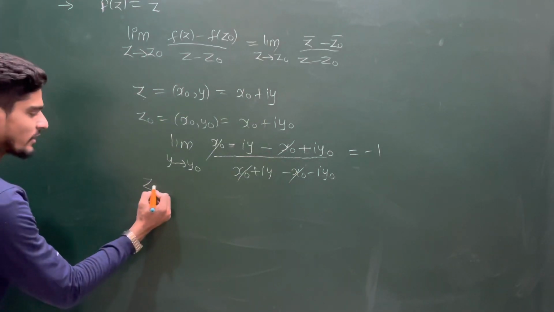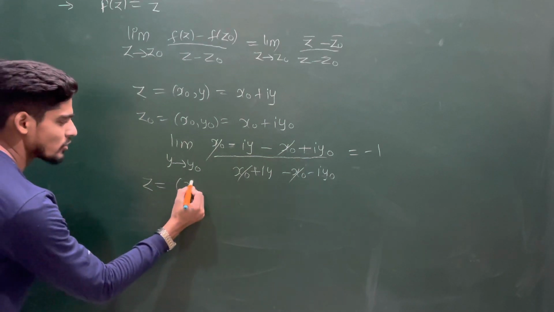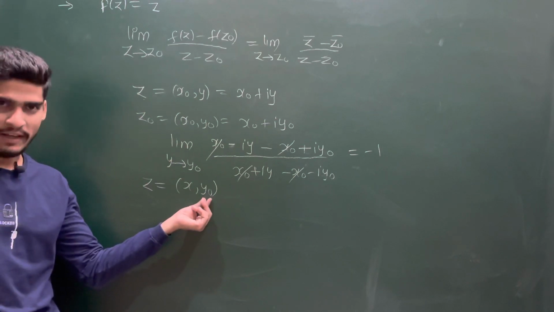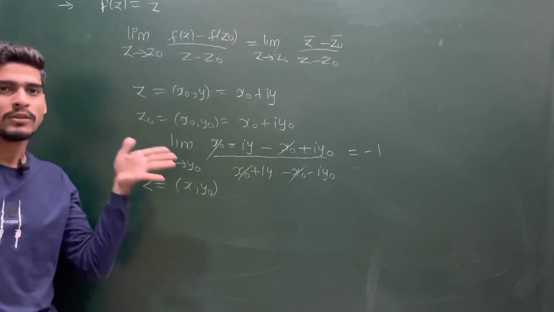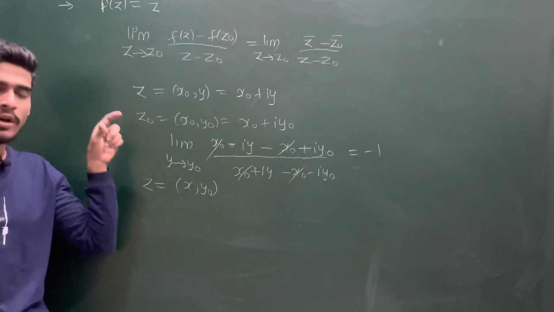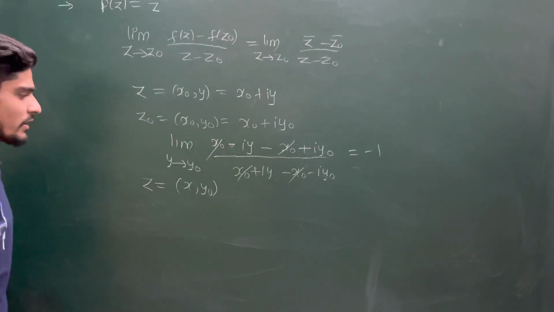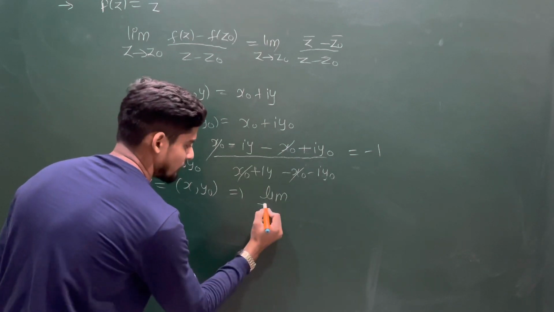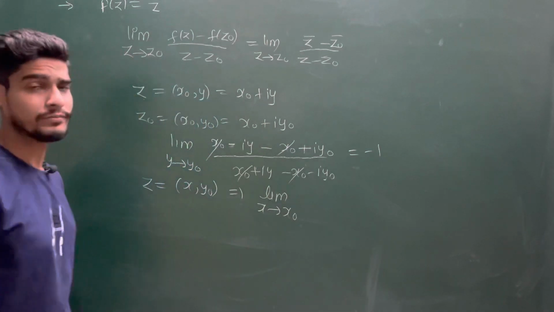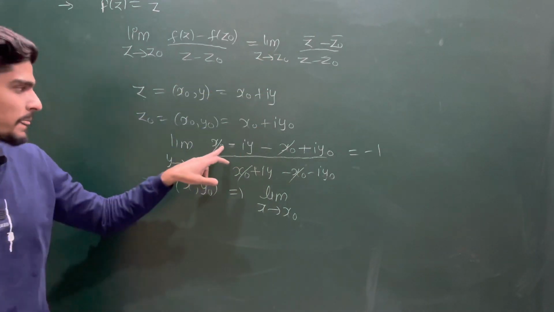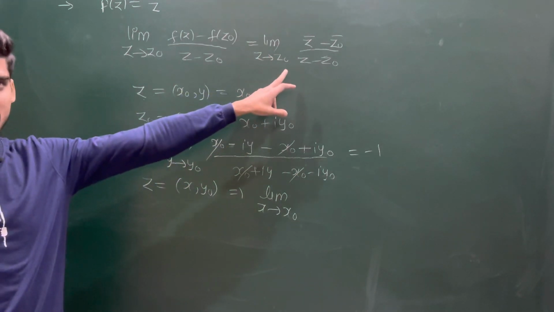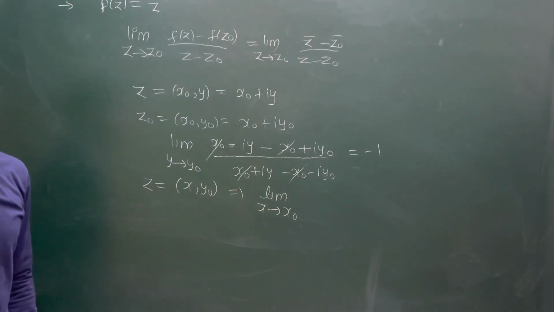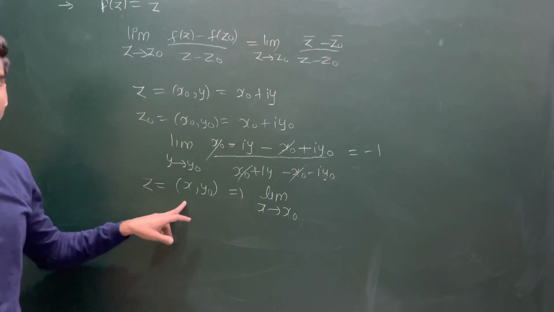Now you change your direction, you choose this to be x comma y naught. So you are keeping your imaginary part as y naught, and you are moving in the direction of the real part. So you will have a limit x approaches x naught, your z bar is... z is x plus iota y, and z bar will be x minus iota y, but your z is x y naught.